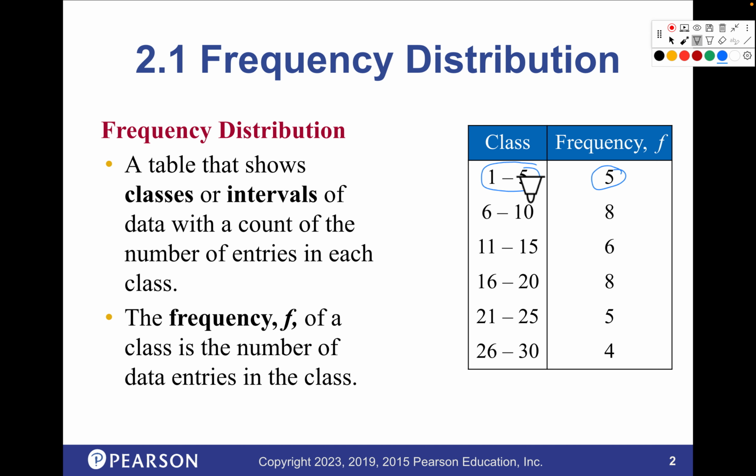We don't know, so we lose detail, but at the same time, we get a look at the overall data and say, oh, there's 8 here and 8 here, so those are the most in these 2 classes. So maybe we want to focus on these because they happen the most. It might give us an idea of what's going on with this process.